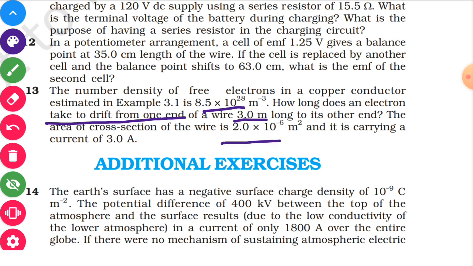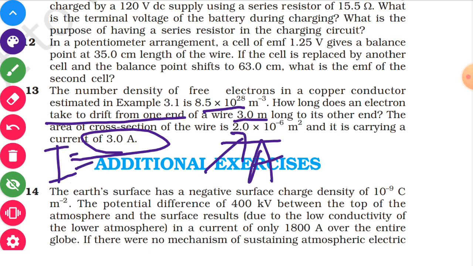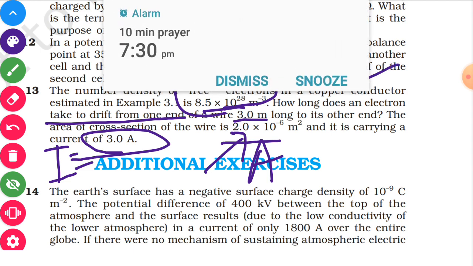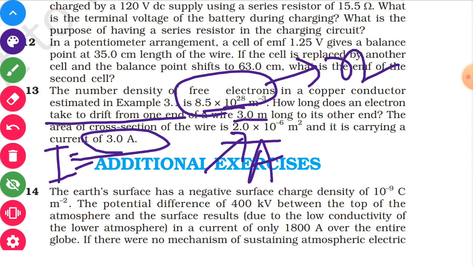The cross sectional area is given, the current is given, 3 ampere, so I is equal to 3 ampere. This much is given.